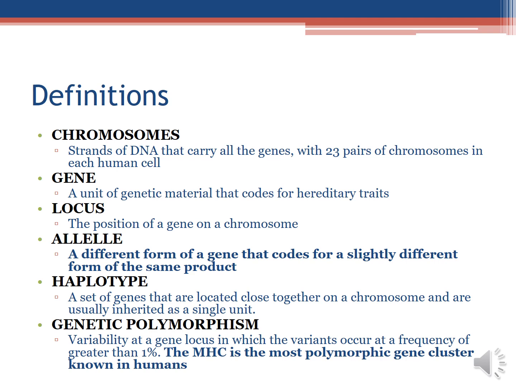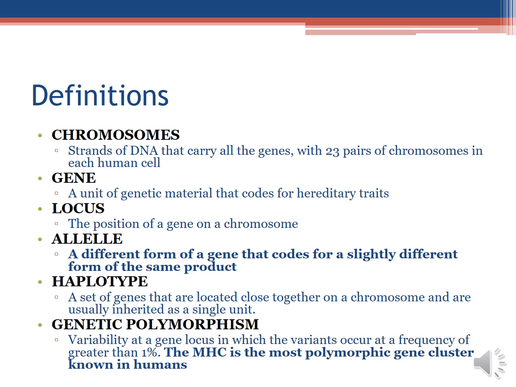A couple of definitions that you will need to know. If you've taken a general genetics course, then these are just refreshers. If you have not, then please know each one of these definitions. Chromosomes, obviously, are the strands of our DNA that carry all of our genes, and we have 23 pairs of chromosomes in each human cell.